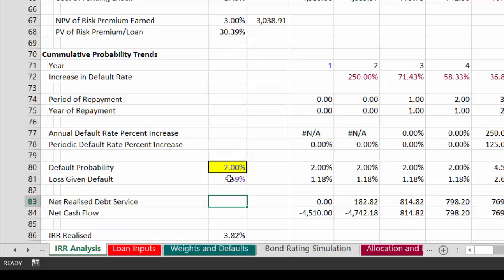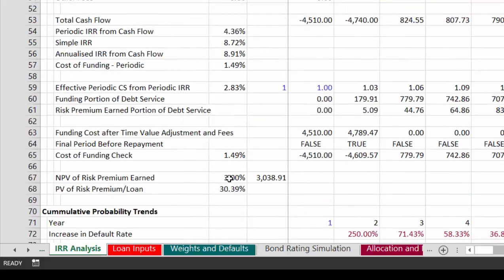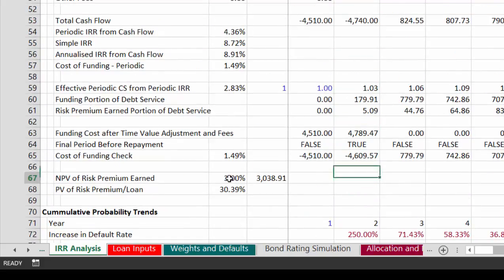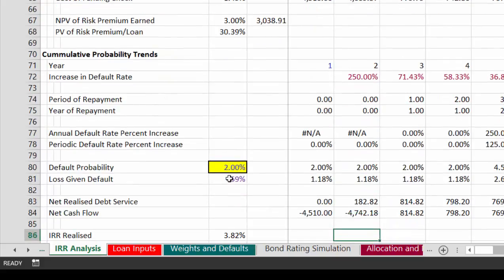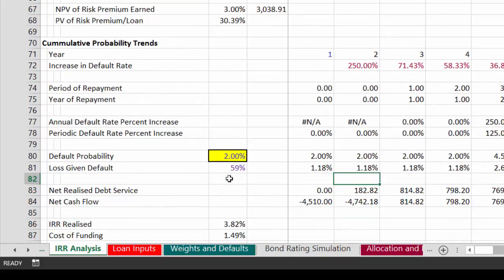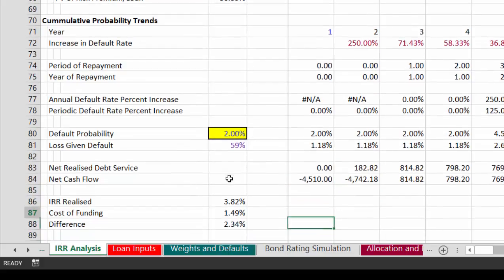So our realized cash flow is, how about this, the realized debt service is the debt service we compute from all our loan analysis, and we reduce it from the default we realize, and then we put this net of the loan, and then we have our IRR realized, and we can put our cost of funding.